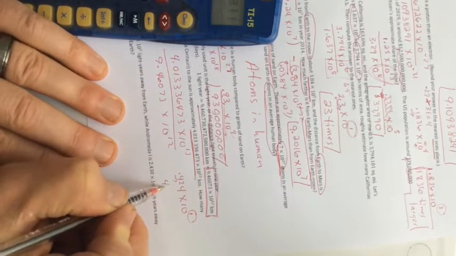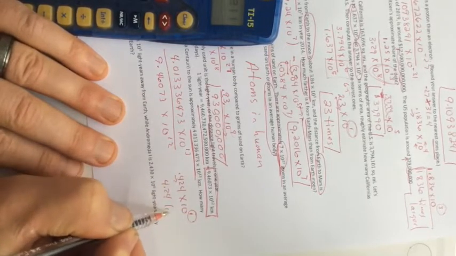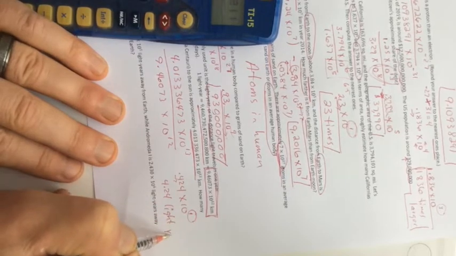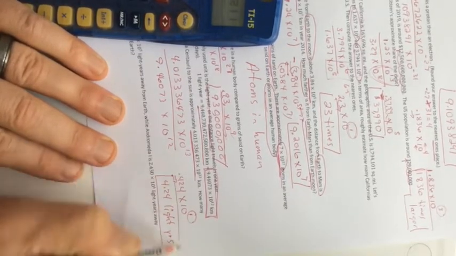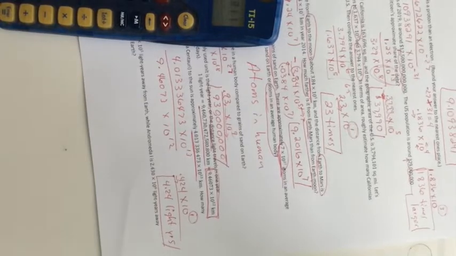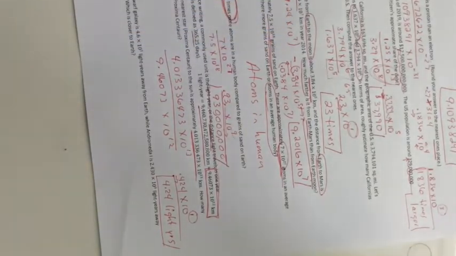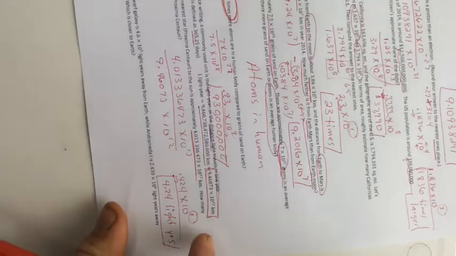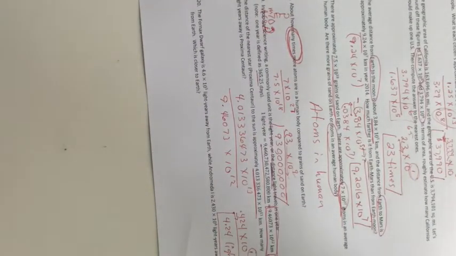So that's 4.24 light years. The nearest star is about 4 light years from the sun, from us. So the starlight that we see from that star happened 4 years ago. So that star might not even be there. Probably it is, but we're seeing it as it was 4 years ago.